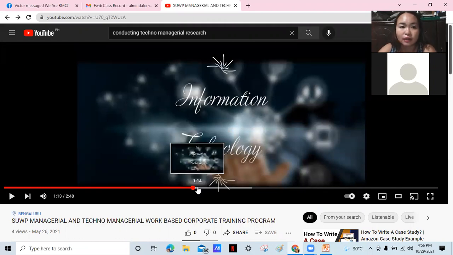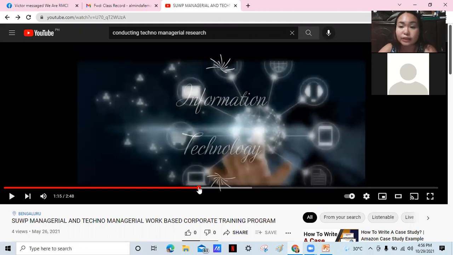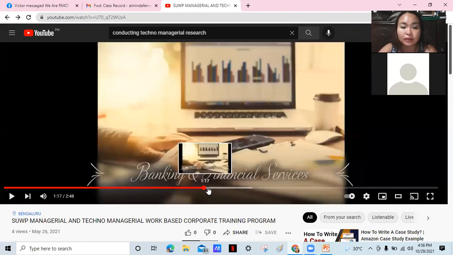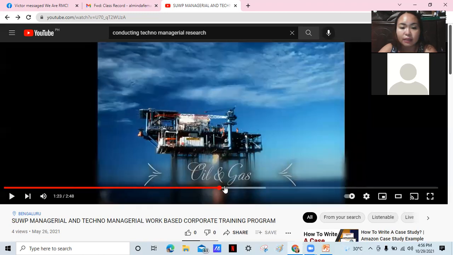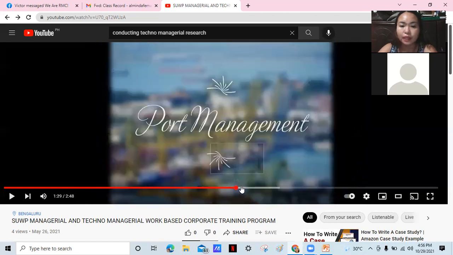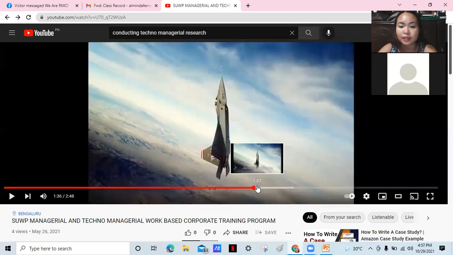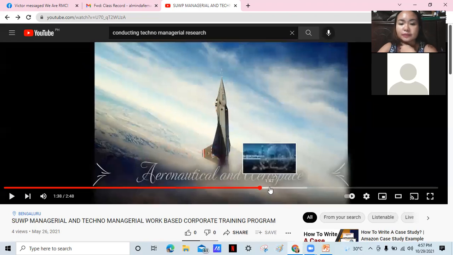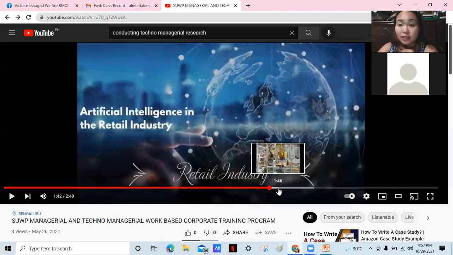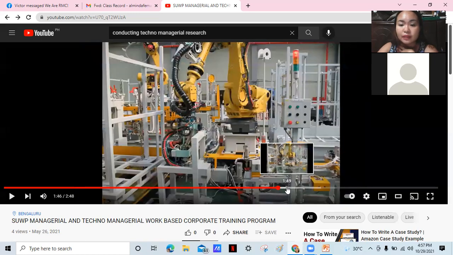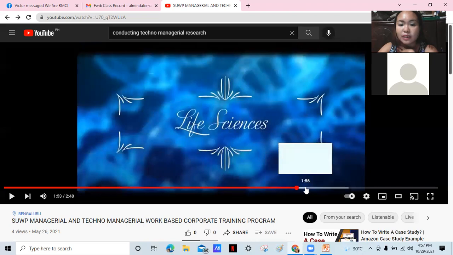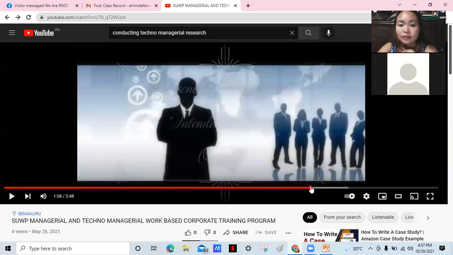So that's one of the technology na where management is practically needed. And banking and financial services. So even kanina na mention yung mga oil and gas. So amazing. And even port management, healthcare, and aeronautics, aerospace, artificial intelligence, retailing natin, that one. So manufacturing, life sciences, sa healthcare, ang dami.